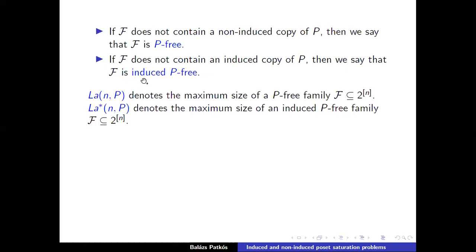And this is denoted in the non-induced case by LA and P, LA for largest, and with a star for the induced case. So it will be the same for the saturation problems. Whenever you see a star, that is for the induced problem, and whenever there is no star in the formula, then it is for the non-induced problem.